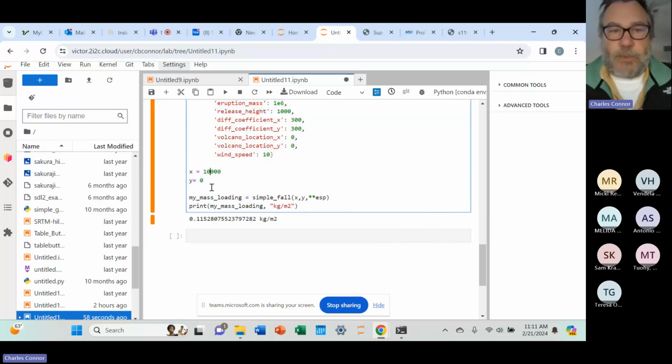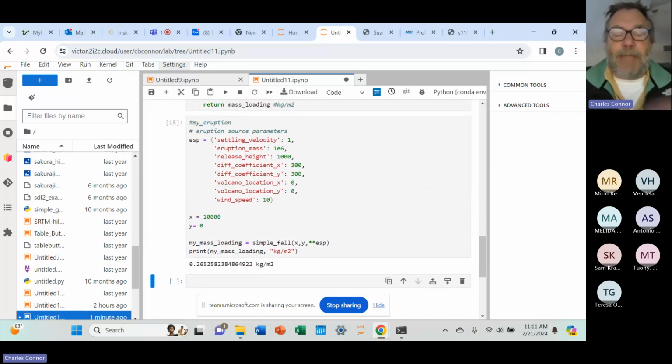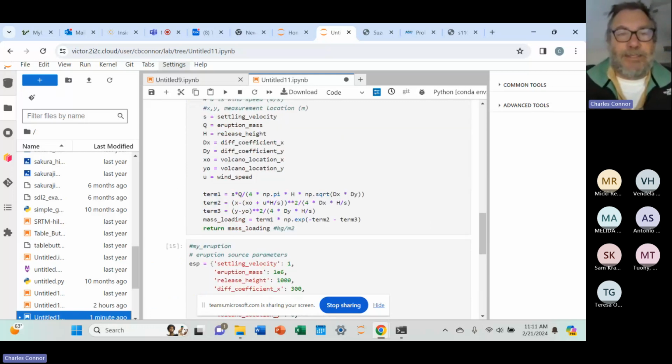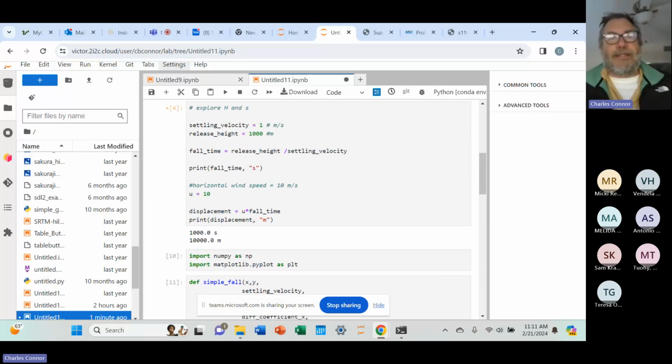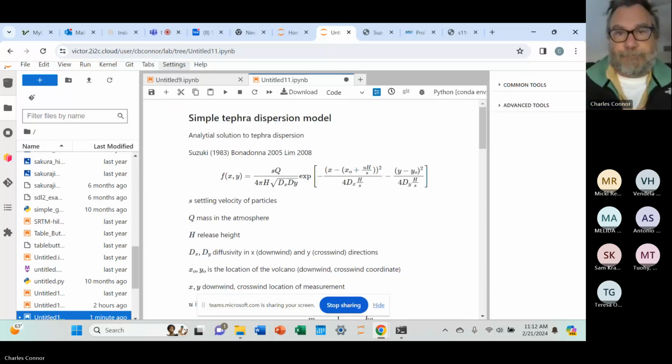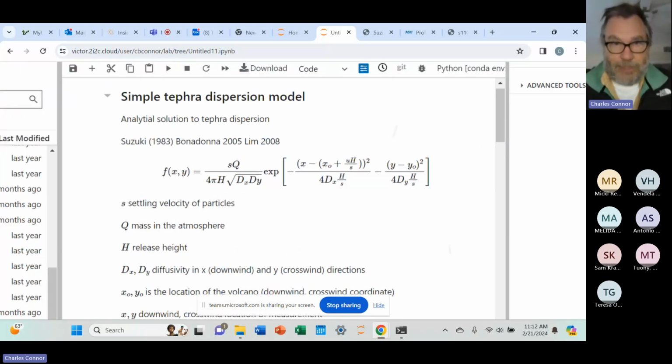But 10,000 is the sweet spot in this particular problem because I expect there to be a maximum of tephra at that location based on this ratio up here, right? Based on this ratio of release height to settling velocity times the wind speed. So I'm messing around here with that displacement, right? UHS in this expression right here.